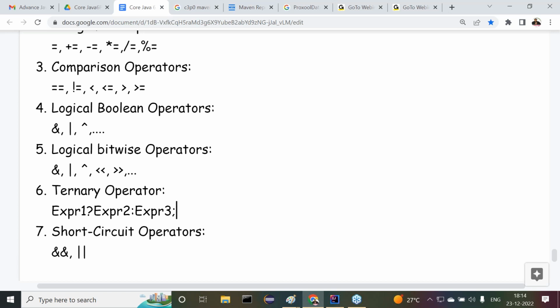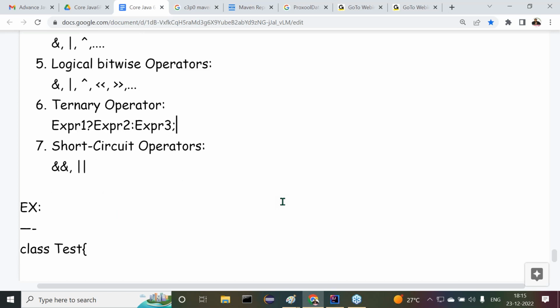Observe carefully, this will also be required for us. After that, short circuit operators are available, double AND and double OR operators.